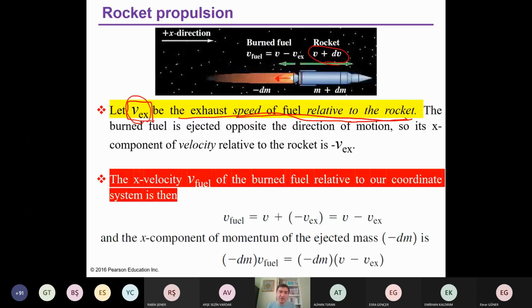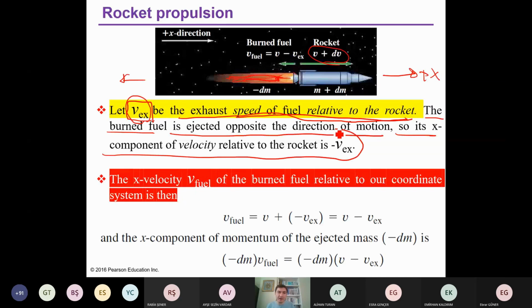Be careful, we will define different velocities in this example. The burned fuel is ejected opposite to the direction of motion, which we take as positive x. So its x component of velocity relative to the rocket is minus v exhaust.